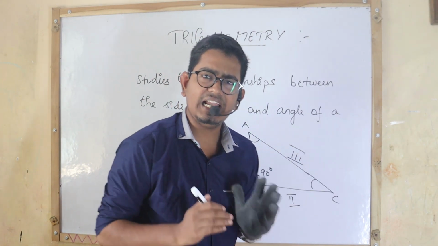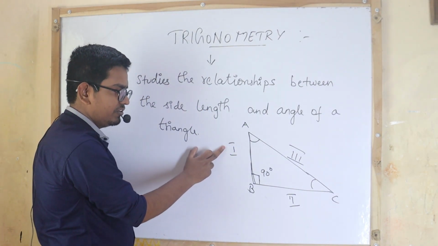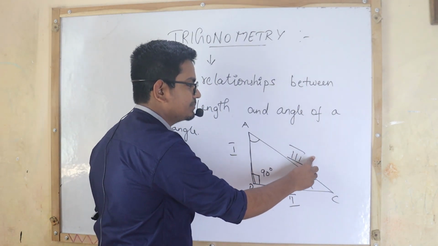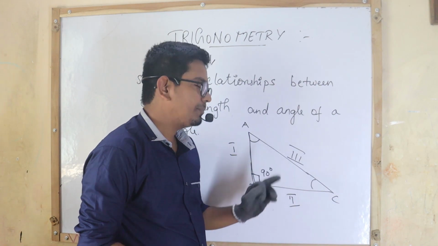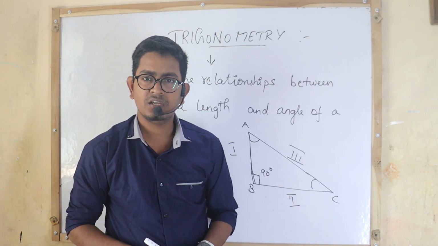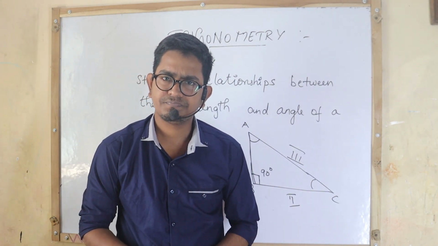So let us understand the sides first. Here we are having three sides: my first side, my second side, and my third side. As I am having three sides, I am going to give different names to these three sides. So how to give the names?